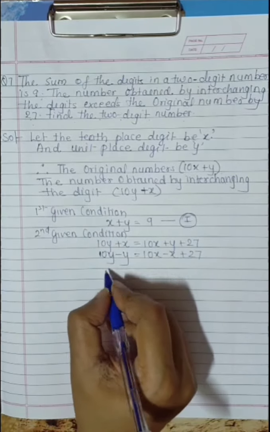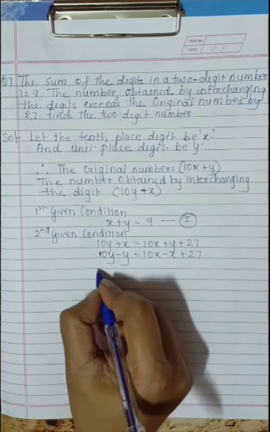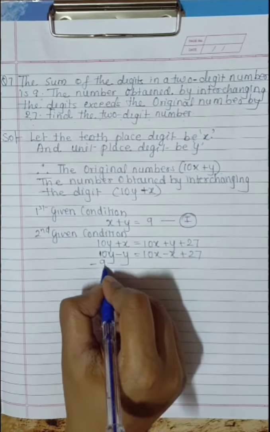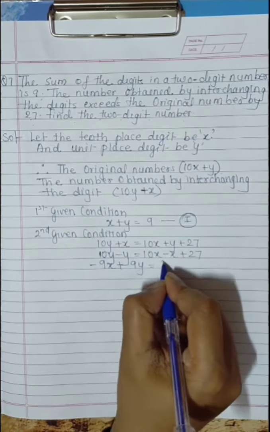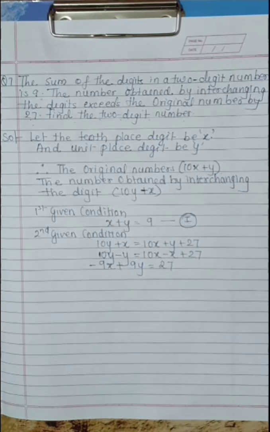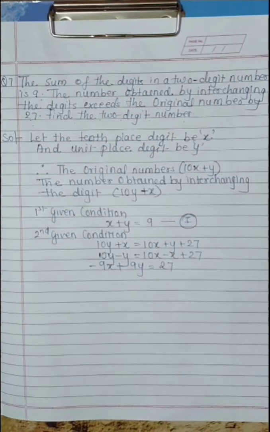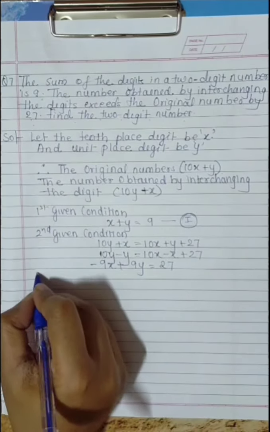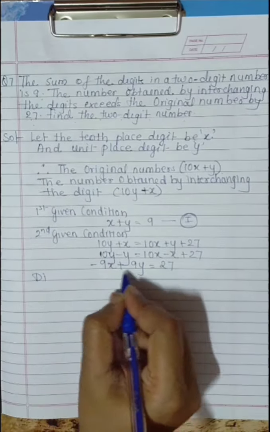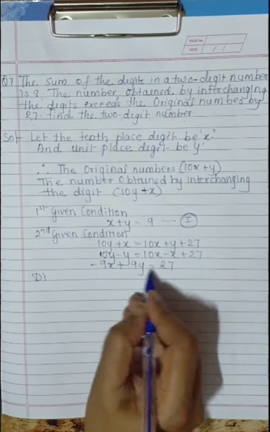Again this will become 9. This x will come this side. This will become minus 9x plus 9y equal to 27. I hope you are understanding the step. Now we are going to divide this because all are divisible by 9.